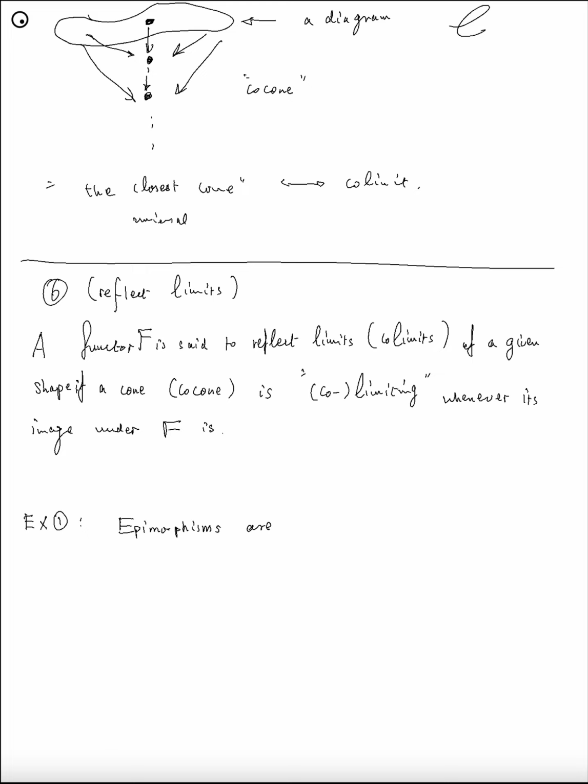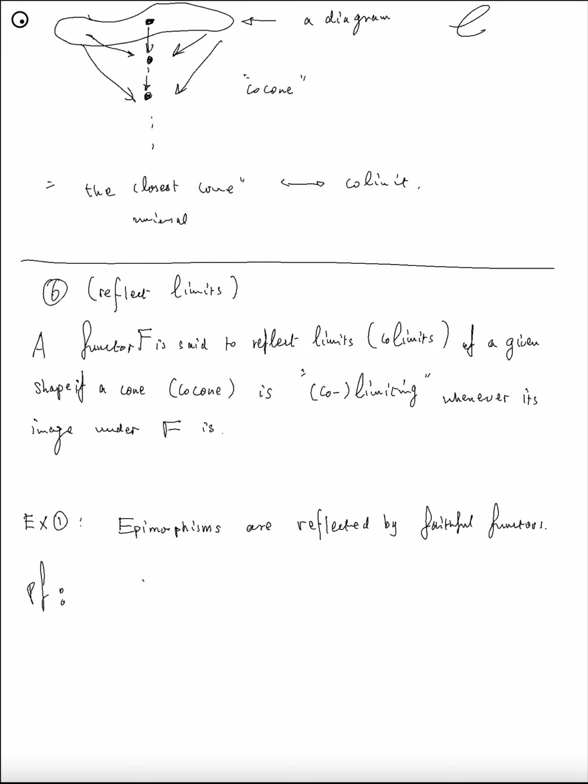I'm just saying that I'm going to talk about epimorphisms being reflected, which means if its image is an epimorphism, then the starting morphism was epimorphic, then this is called reflected. And the first exercise is saying that epimorphisms are reflected by faithful functors. So this is very direct.